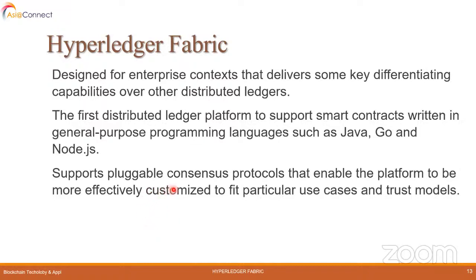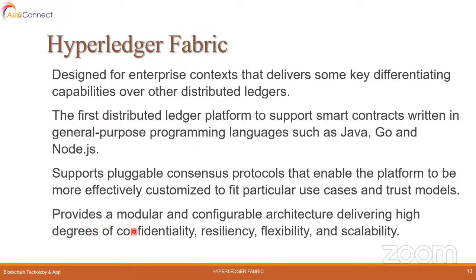So it supports pluggable consensus protocols that enable the platform to be more effectively customized to fit particular use cases and trust models, right? And it provides a modular and configurable architecture, delivering a high degree of confidentiality.